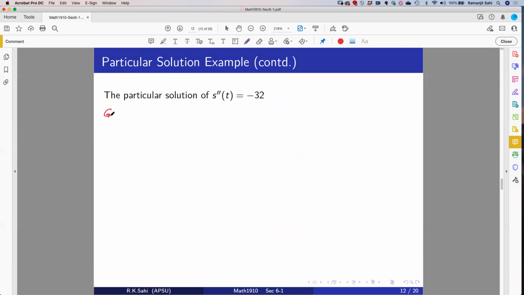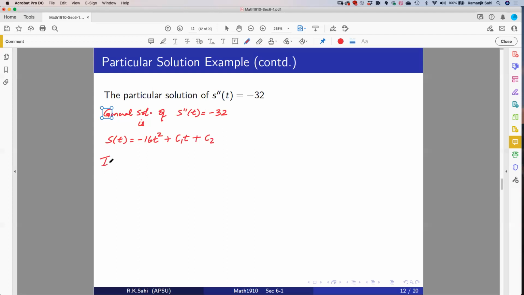Once again, let me write it down. The general solution of s double prime of t equals -32 is given by s of t equals -16t squared plus c1 t plus c2.